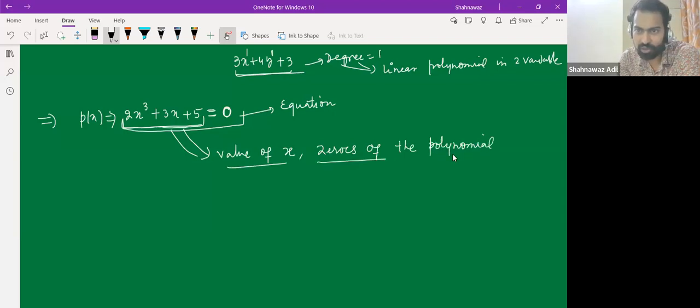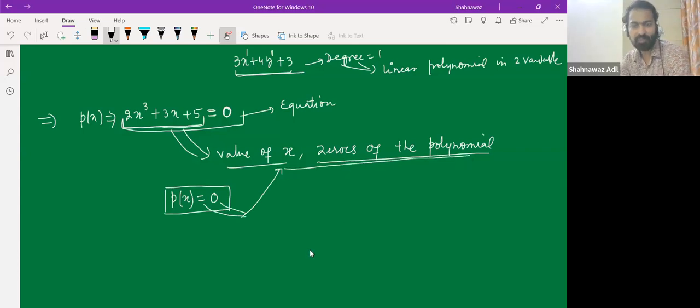These are the solutions of the polynomial. So whenever I equate the polynomial with 0, it will change to an equation, and then whatever value of x I get will be called the zeros of the polynomial, right?